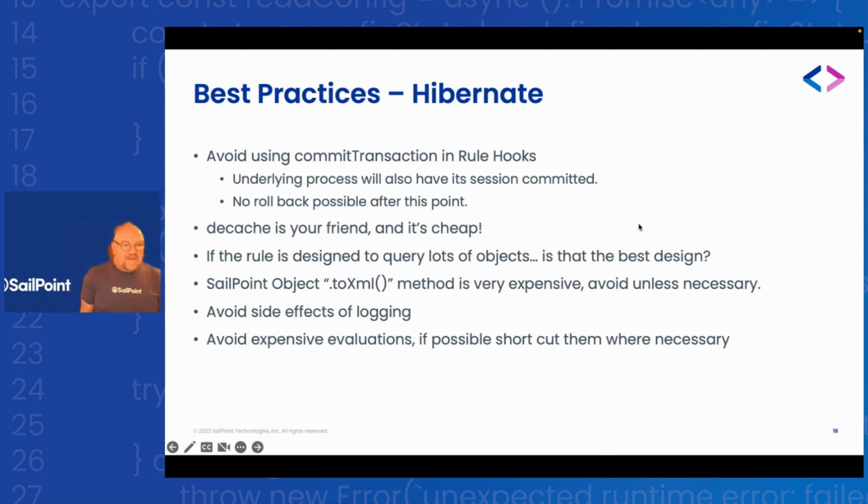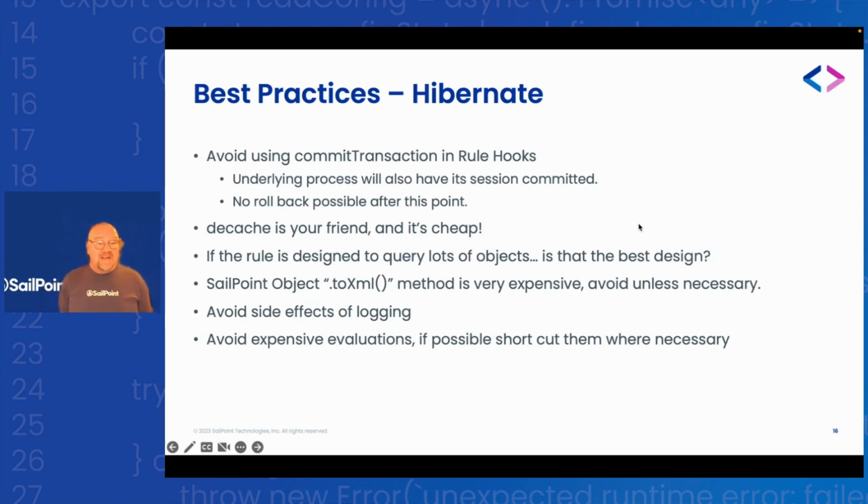So when it comes to best practices, avoid using commit transaction in rule hooks. And when I say commit transaction, I'm absolutely also including rollback transaction, which is actually a little bit worse. The reason for that is that in rule hooks, you've got a process underneath which is doing some work for you, if it's aggregation or certification or whatever, and it's got the same connection that you have.